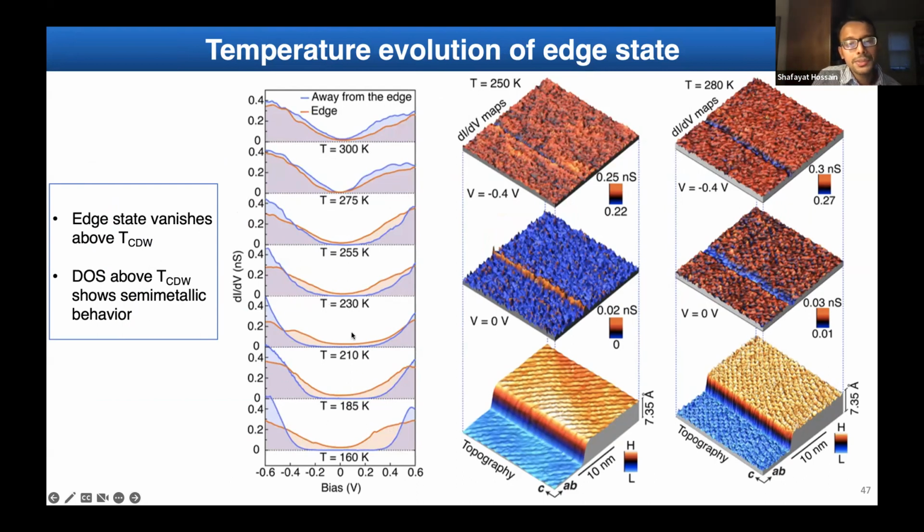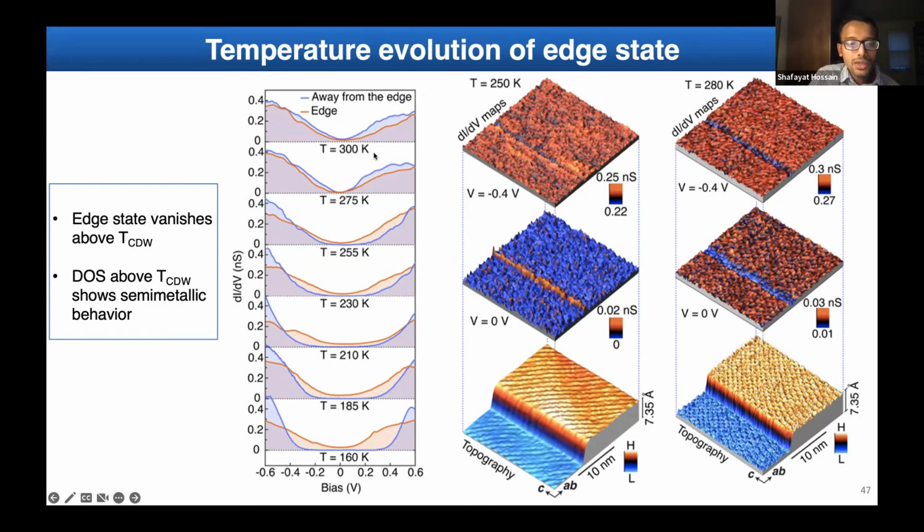And as we raise the temperature, eventually the edge state gets weaker and weaker. And finally, above the T_CDW, or the charge density wave transition temperature, the edge state becomes weaker than the bulk, and basically the bulk becomes gapless. So this is consistent with what is expected from tantalum selenium iodide, that there is a Weyl semimetal state above the charge density wave transition. So it should behave as a semimetal. So this is rather consistent.